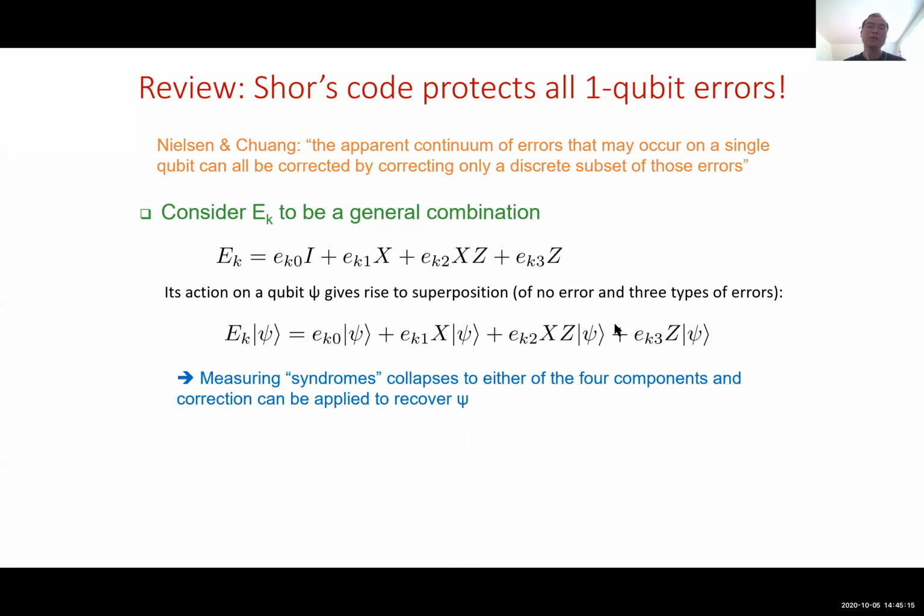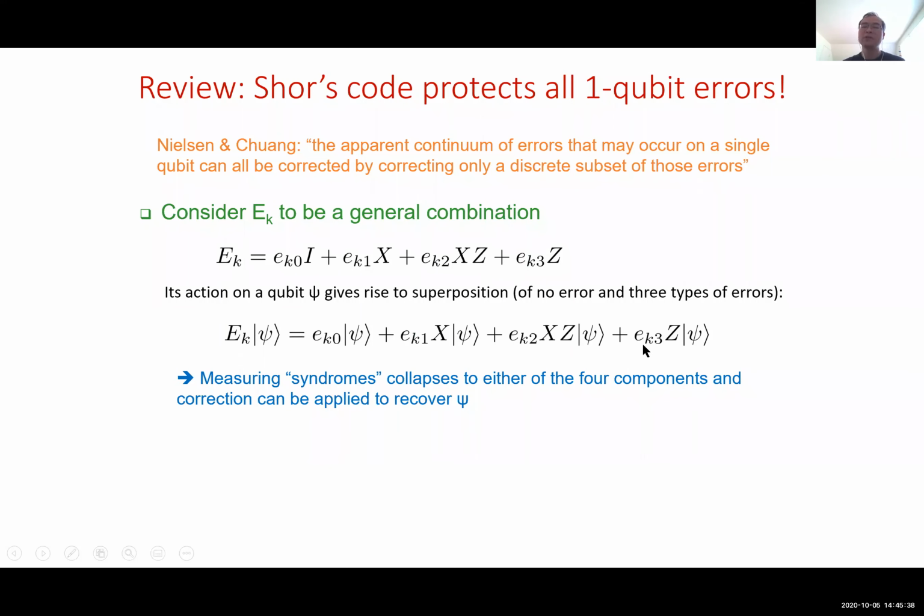Okay, and we understand that by measuring the syndrome, comparing pairwise the stabilizers to see which physical qubit has flipped, if we find that one particular qubit is flipped, then we collapse our physical state to this.